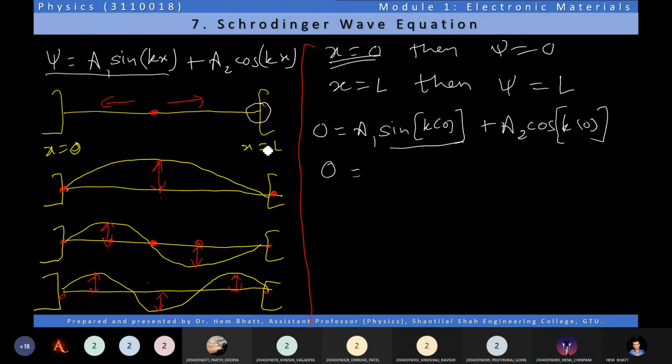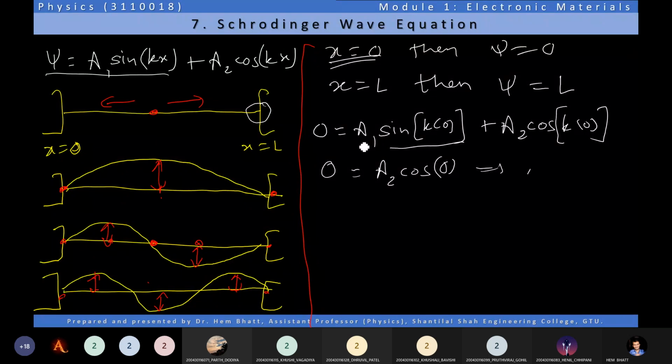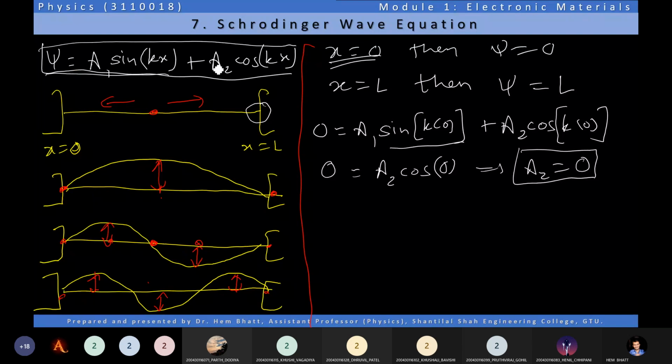So now it is A2 cos of 0, બરાબર? It means that A2 is 0 કારણ કે cos of 0 તો 1 હોય. And that indicates that psi is not this. Wave function આવું નહીં હોય. It has to be psi is equal to A1 sin kx. આવું હશે. This has to be our wave equation.